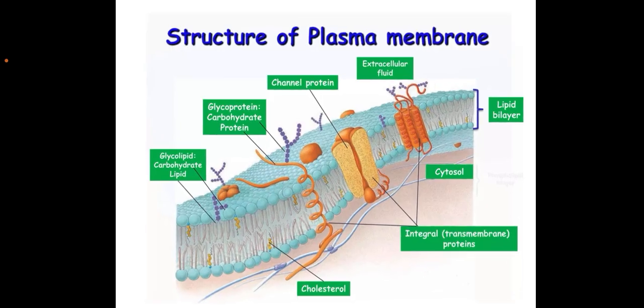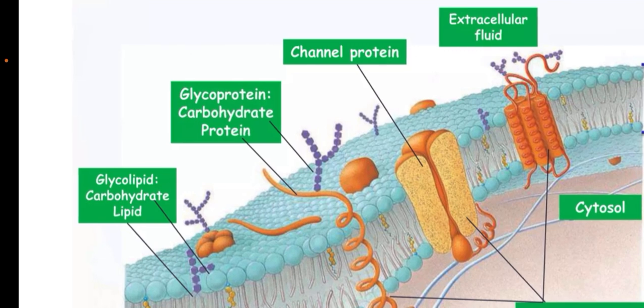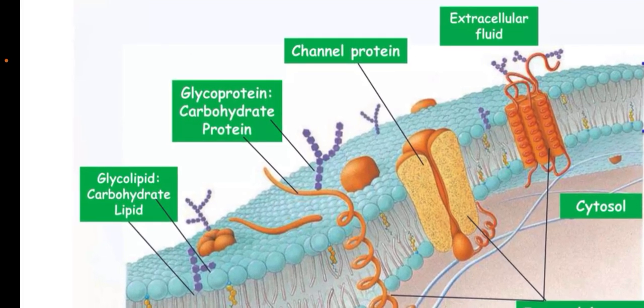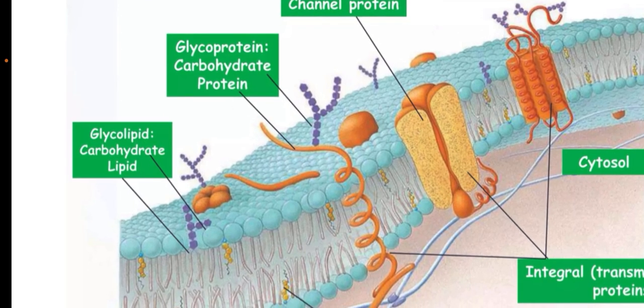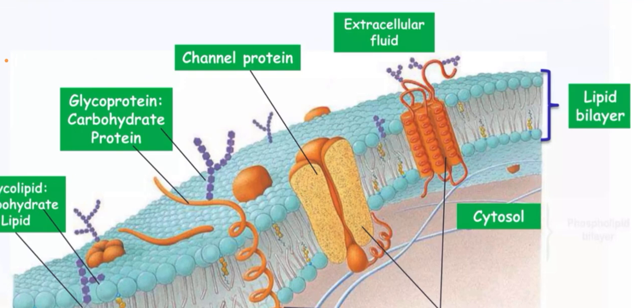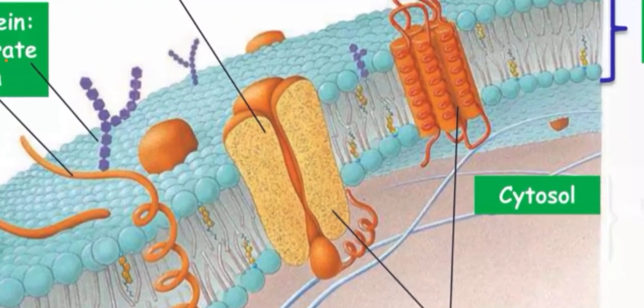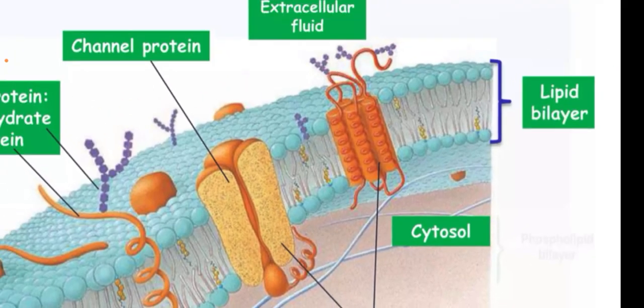As you can see on the top, these are the glycoproteins or carbohydrate-protein complexes, and glycolipids. These are the conjugate molecules formed by carbohydrates and lipids, and these are the channel proteins, as you can see in the center of the plasma membrane or cell membrane.